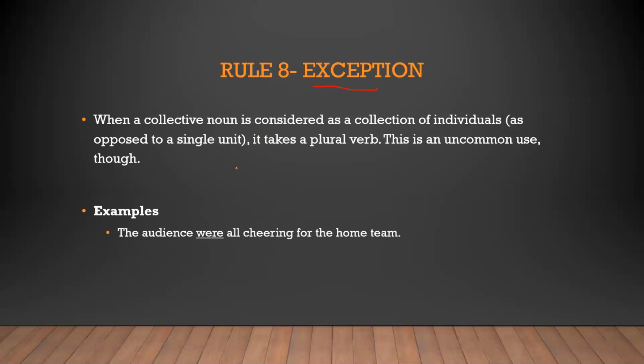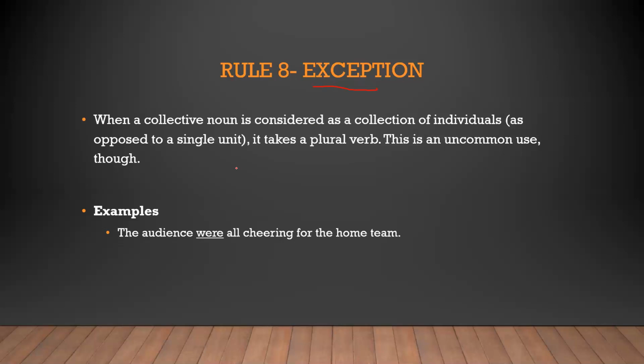This is an uncommon use though, whenever they are talking about the individuals in the collective, we take a plural verb. Example: the audience were all cheering for the home team.